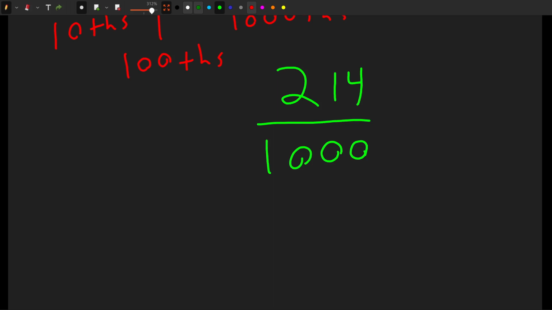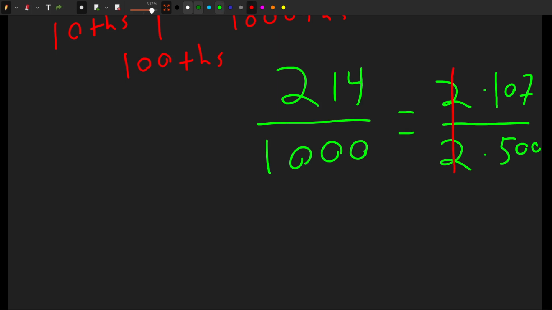And 107, I'm not sure if it's prime. I don't know that off the top of my head, but I'm pretty sure there aren't a lot of factors for 107. So I'm going to say that this is 2 times 107, and that this could be written as 2 times 500. So I know I can cancel out this 2.